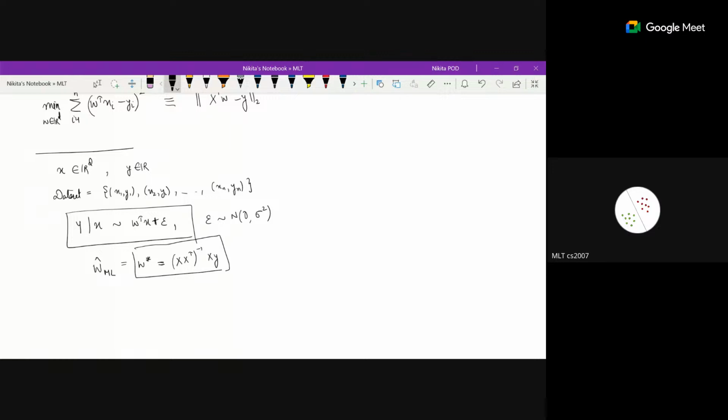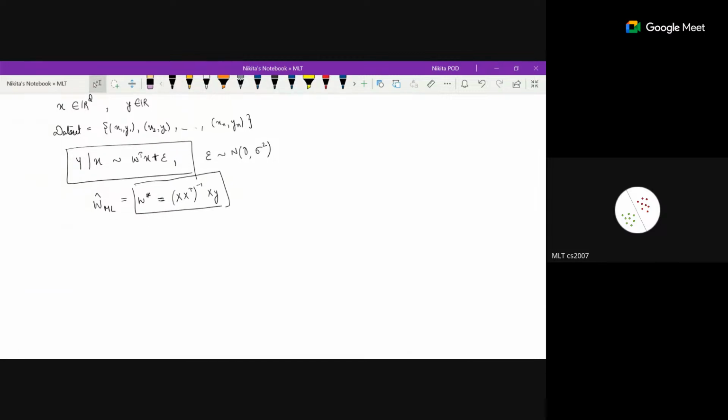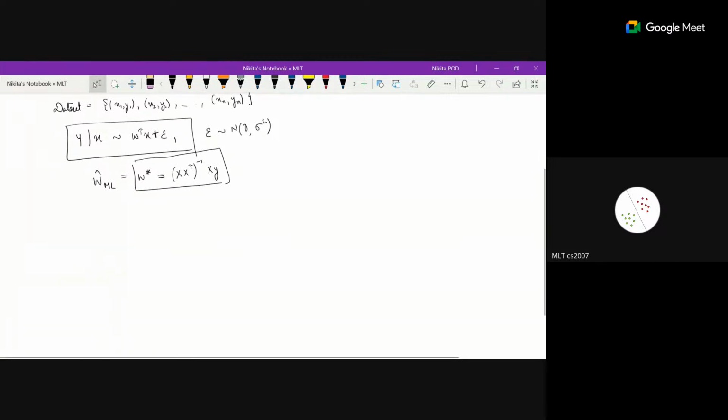Now we have this solution with us, and we want to see how good this estimator is. The estimator that we have obtained, W hat ML, we want to know how good it is. That is where my week 6 starts.